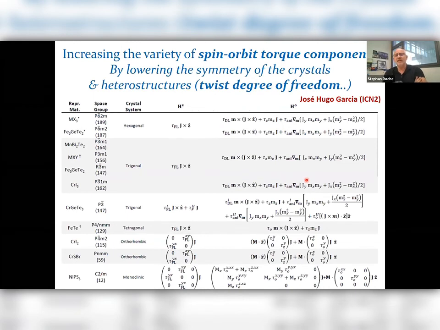Let me finish by discussing the point that we have a lot of interesting degrees of freedom in these van der Waals heterostructures. Indeed, a lot of calculations, especially DFT, have been made assuming the most stable interface.